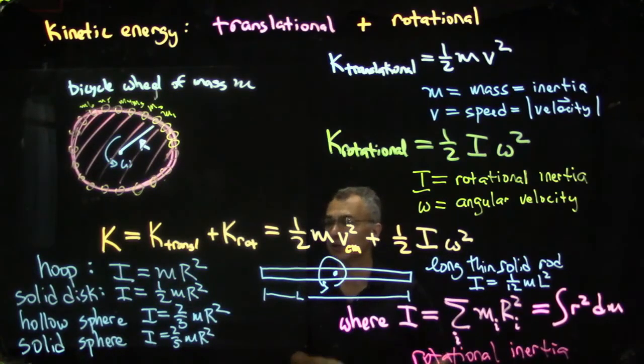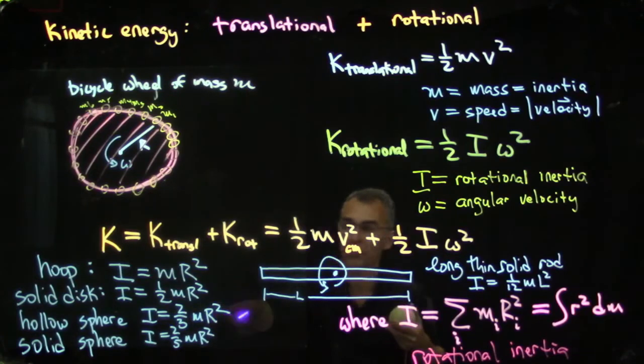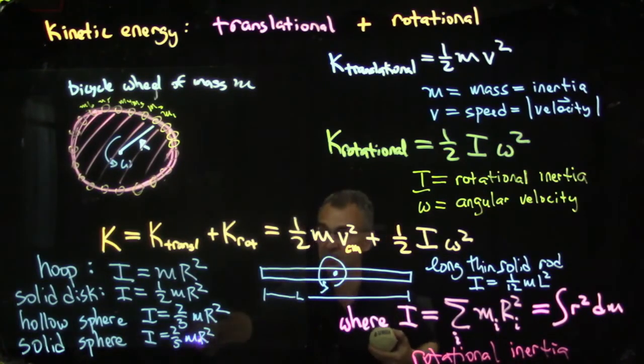If you have a hollow sphere, so something spherical, but all the mass is at the outside, that turns out to be 2/3 mr squared. Or if you have a solid sphere, so a spherical ball whose mass is uniformly distributed inside, that turns out to be 2/5 mr squared.